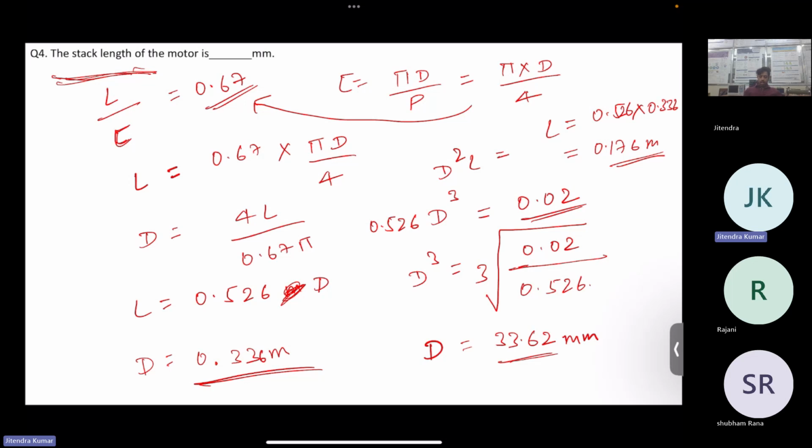Any doubt regarding diameter and stack length? No, sir. Here the diameter is higher than the axial length.